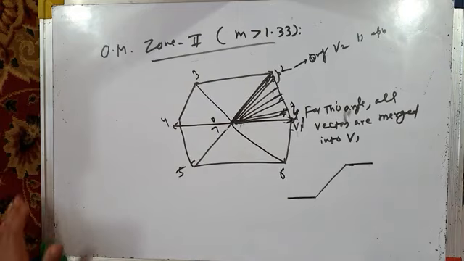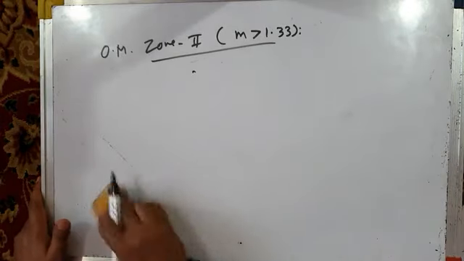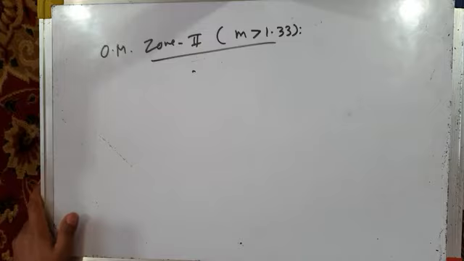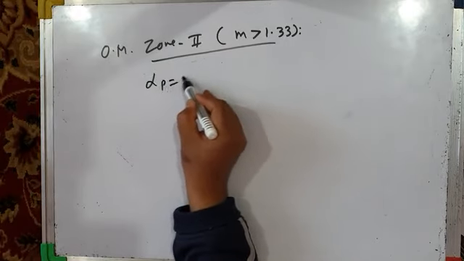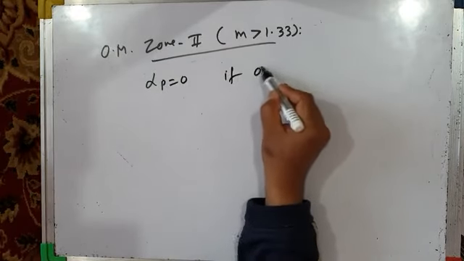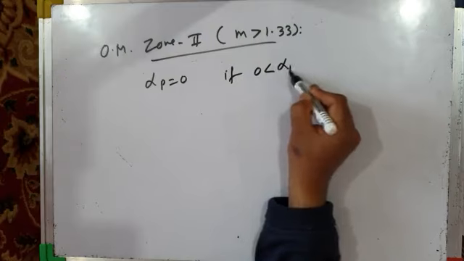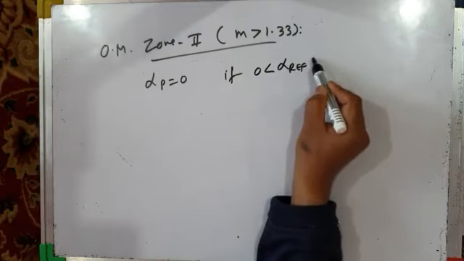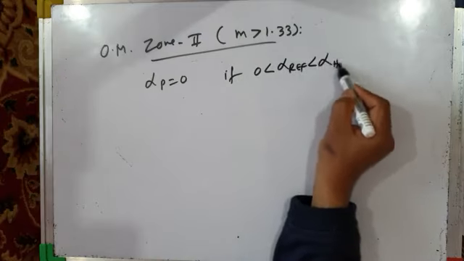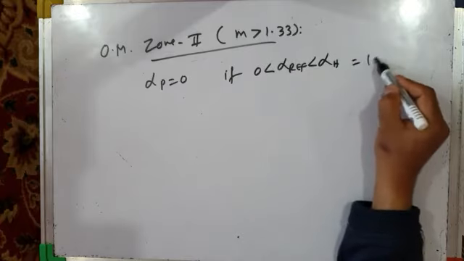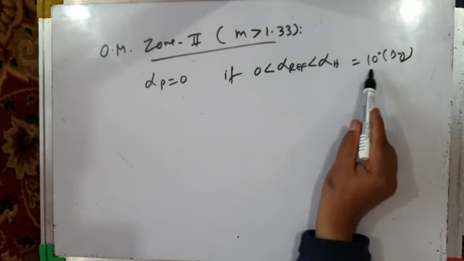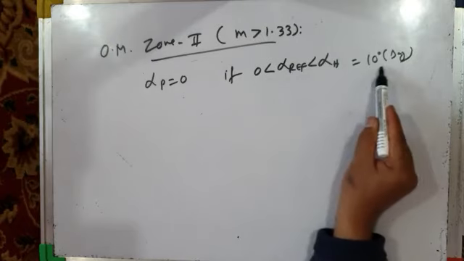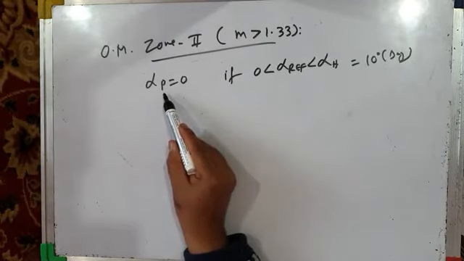And then how do you calculate these angles? I can note down here. I can give you the references from which you will get these formulae. Alpha p is equal to 0 degree if 0 is less than alpha ref less than alpha h, which is called holding angle. Say for example 10 degrees. If your alpha is between 0 and alpha h, 10 degrees, then alpha p is 0.